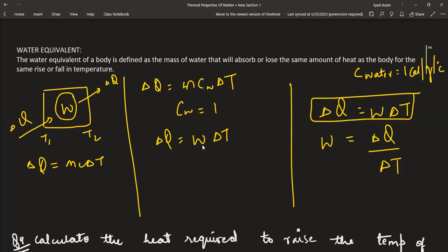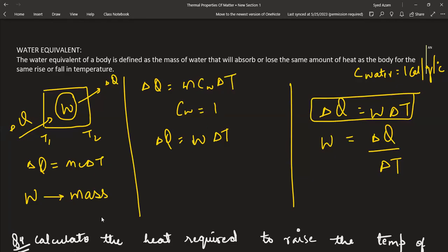So water equivalent is not the specific heat. It is actually the mass of water. Simple mass, SI unit will be kg. So what we do, we multiply M into CW. CW is 1, and mass is the water equivalent.